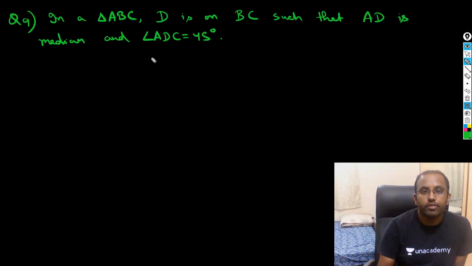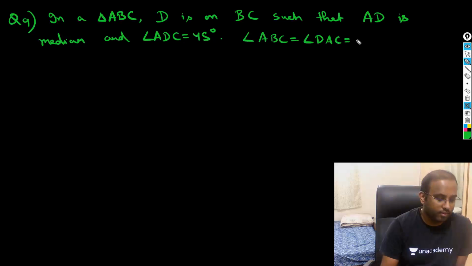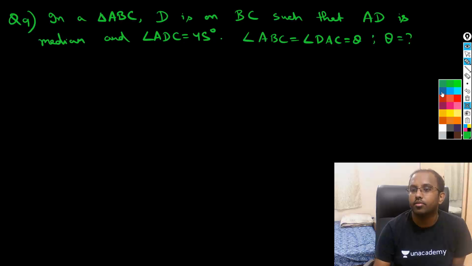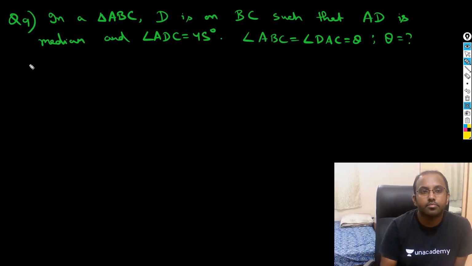It's also given that angle ABC is equal to angle DAC is equal to theta. I need to find the value of theta. What is the value of theta here?